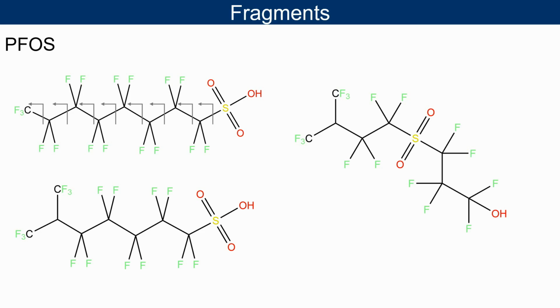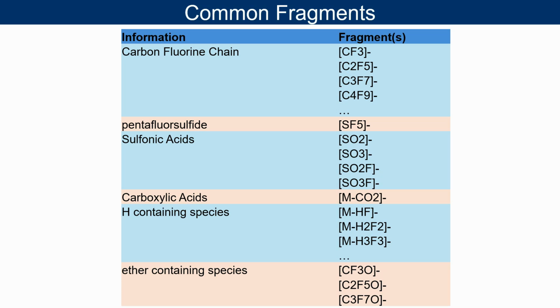And so here you can see, for example, on the top left, one of these structures of types of fragments that are going to occur related to the carbon-fluorine chain. And indeed, if we look at this carbon-fluorine chain, then we would see CF3 minus, C2F5 minus, C3F7 minus, C4F9 minus.